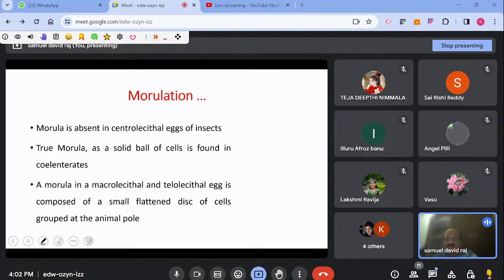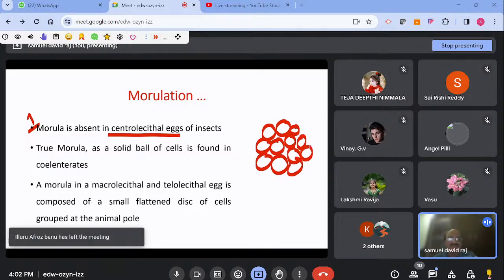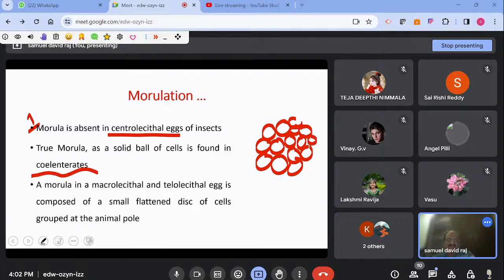You have to remember these three things. The first thing is it is absent in centrolecithal eggs. True morula is a solid ball of cells. True morula should be mulberry fruit like. So it must be a solid mass of balls, and that is said to be seen only in ciliates. Whereas in case of macrolecithal and telolecithal eggs, that means reptiles and birds, chick egg, where all the divisions are restricted to the animal pole, the morula is in the form of a disc of cells towards the animal pole.